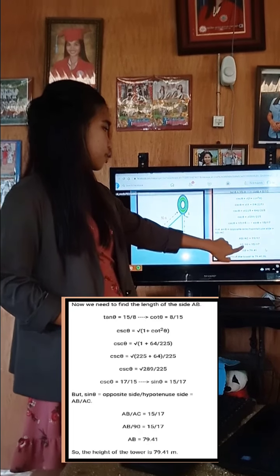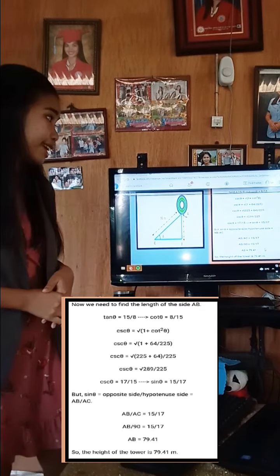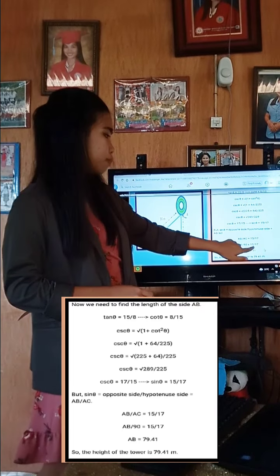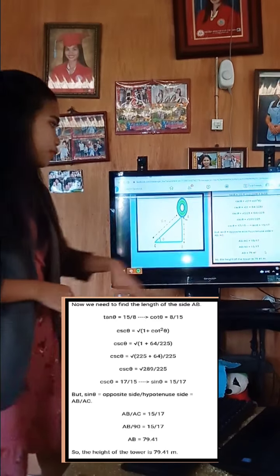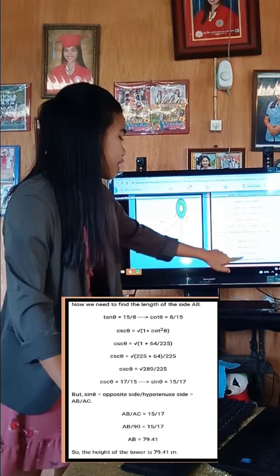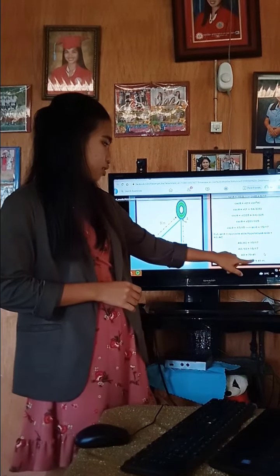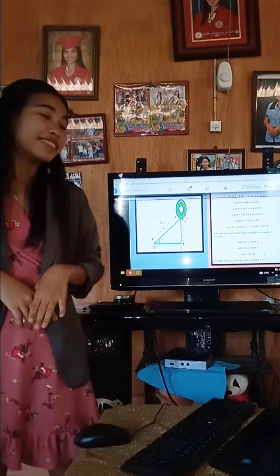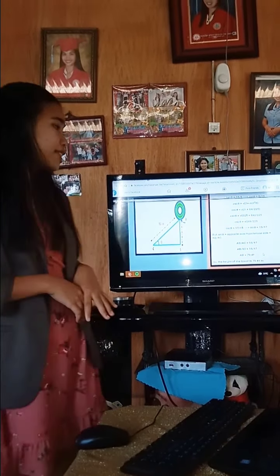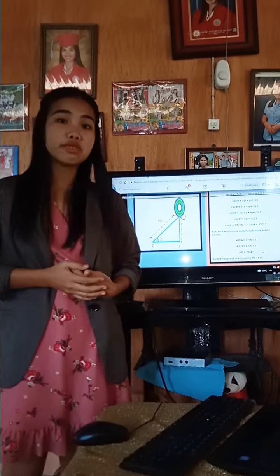The value of our side AC is 90, so AB over 90 is equal to 15 all over 17. Our final result here is AB is equal to 79.41. So the height of the kite is 79.41, and the unit we are going to use is meter.